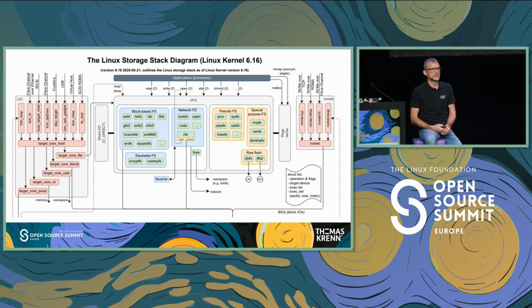It's been updated today for the current kernel version 6.16, and I added some new devices in there, like the zloop device or the NFS local I/O mode, which is now also in here. This reflects the current stack as of the current Linux kernel.